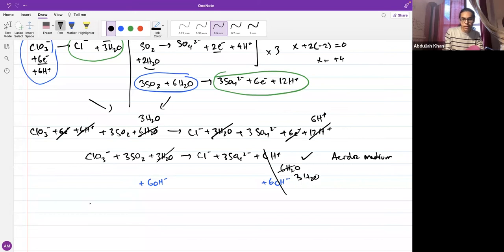And so the final answer is ClO3 minus plus 3 SO2 plus 6 OH minus gives Cl minus plus 3 SO4 2 minus plus 3 H2O in basic medium.